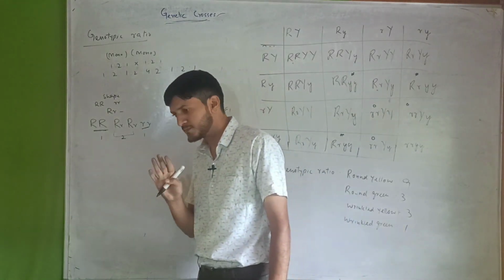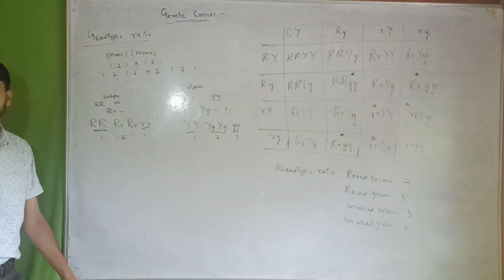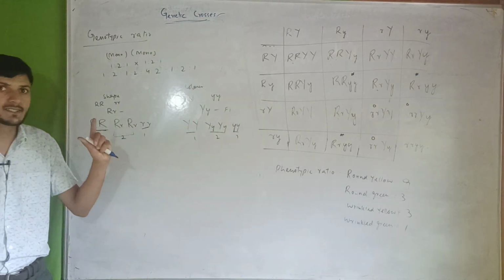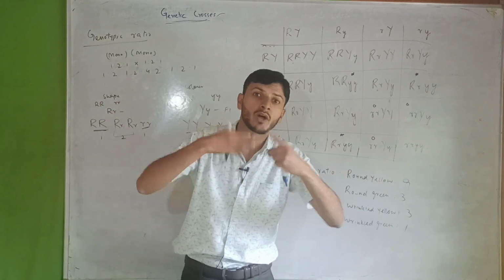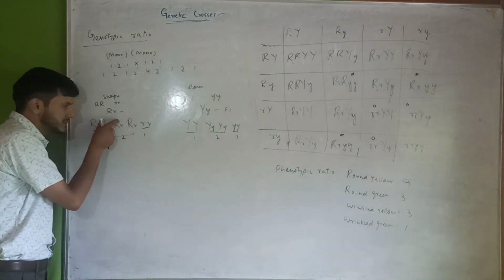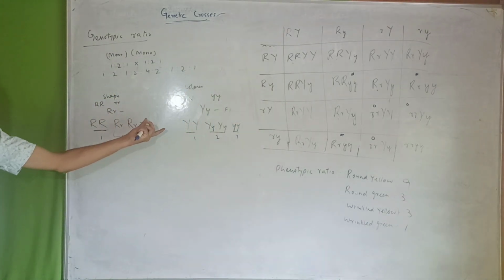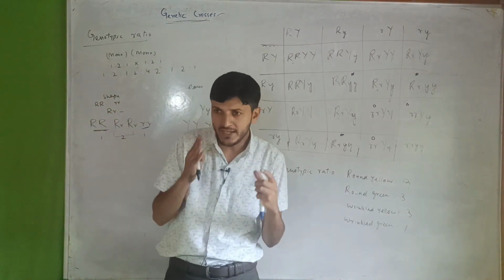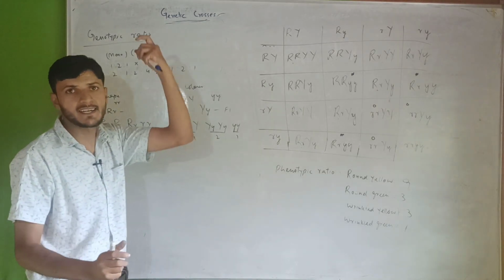Got it? Now, how can we find out the genotype of the dihybrid cross? We have separated the dihybrid cross into two monohybrid crosses. First we take shape, then color, and out of these two characters we take one character horizontally and one character vertically.